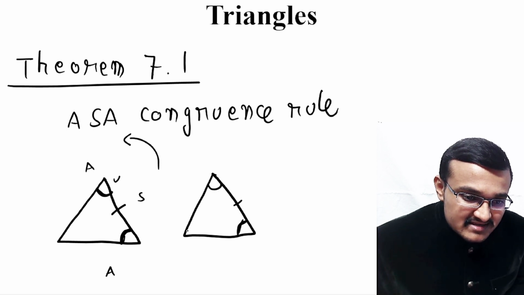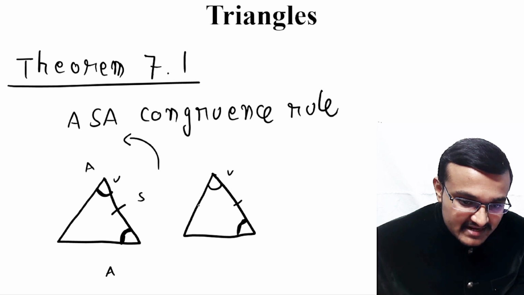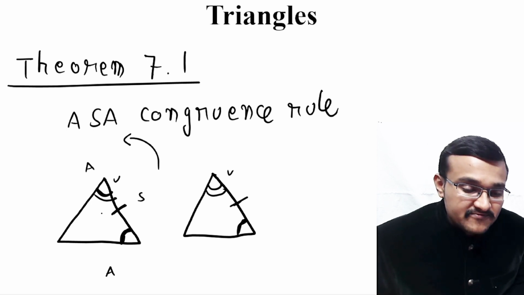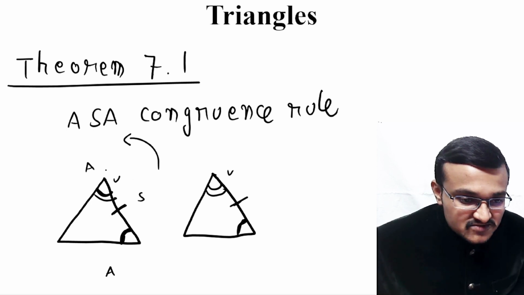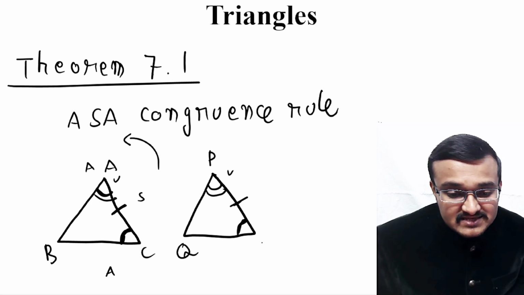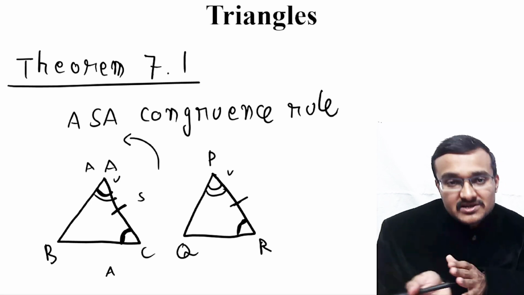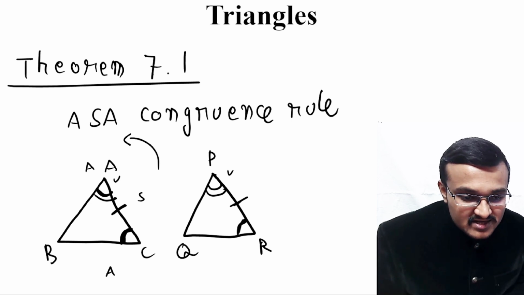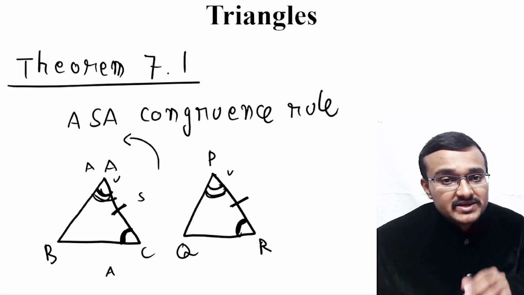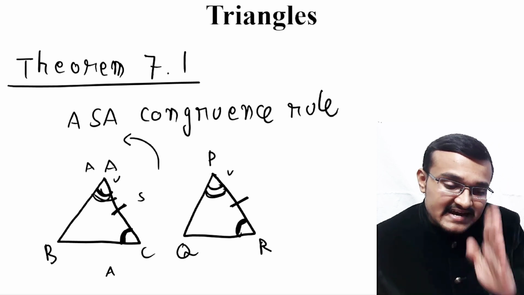So if this angle is equal to this angle, this particular angle is equal to this particular angle, and this side is equal to this side, then these two triangles will be congruent with each other. If I consider this as ABC and this as PQR, then ABC is congruent with PQR if this angle and this angle, this side and this side, this angle and this angle are equal to each other. So you have to take angle, side, angle.